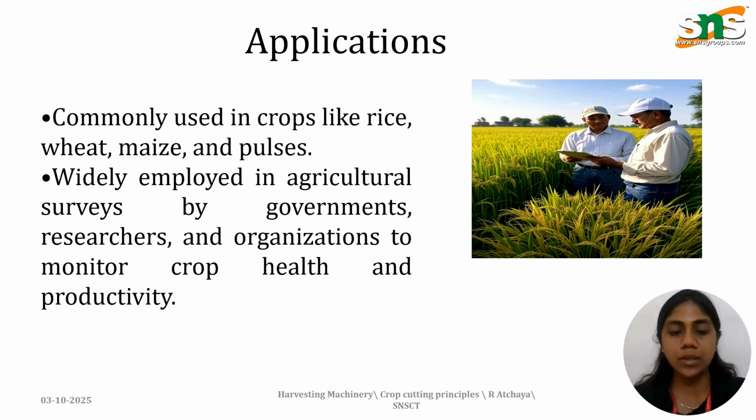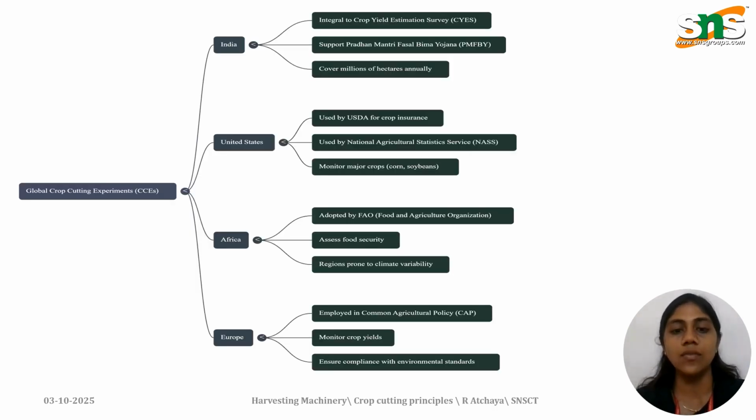For instance, a 2023 study in Kenya used crop cutting to show a 20% yield increase with improved maize seeds, guiding the local farmers to adopt better varieties. Now, consider a world map highlighting countries like India, Ethiopia, China, Brazil, and Zambia.